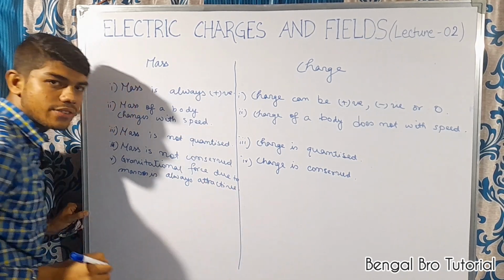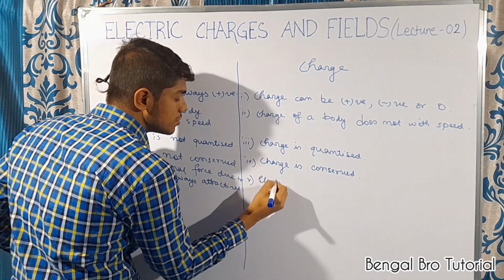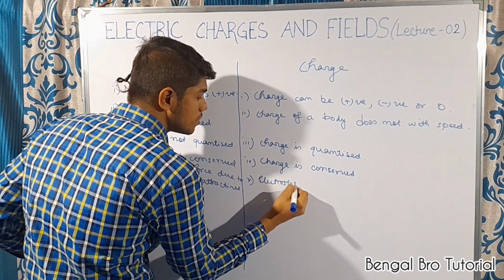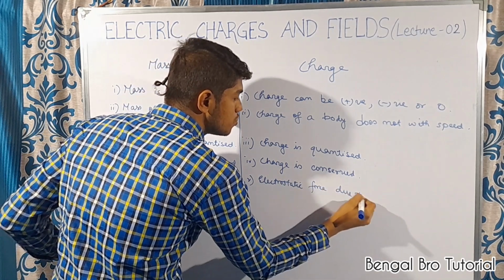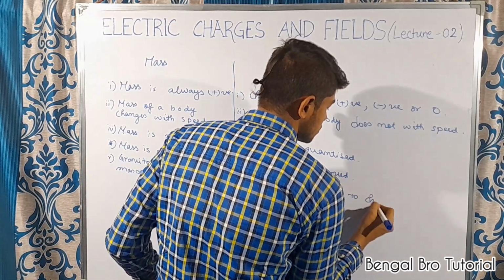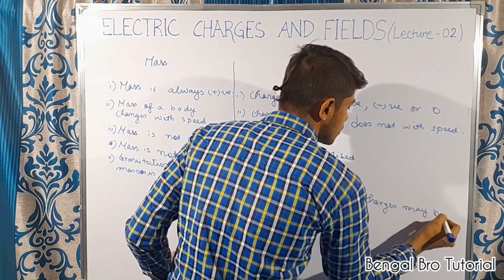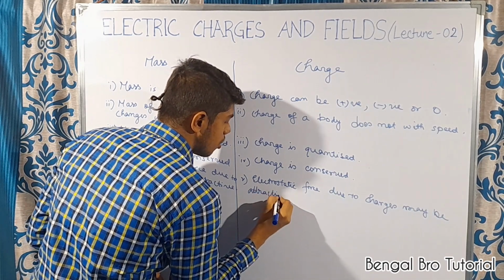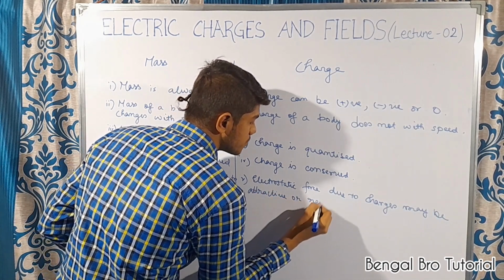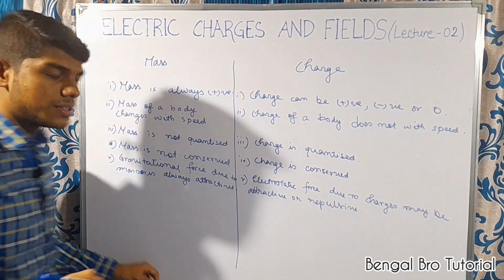Gravitational force is always attractive, but the electrostatic force due to charge may be attractive or repulsive. This is another point of difference.